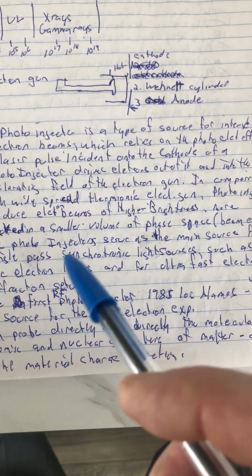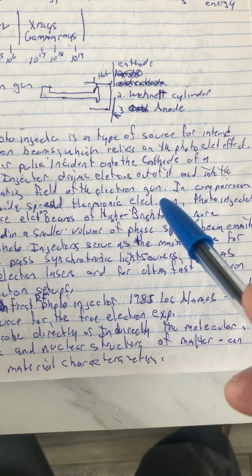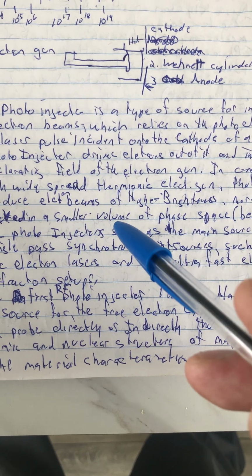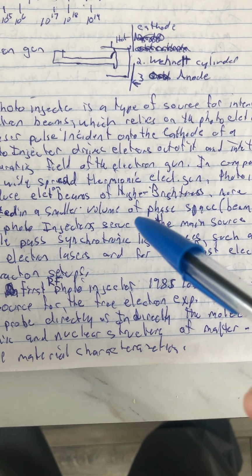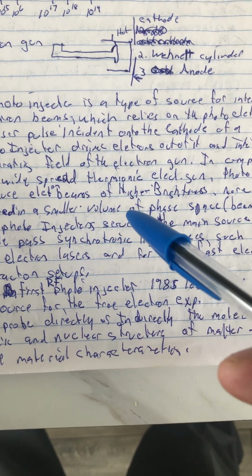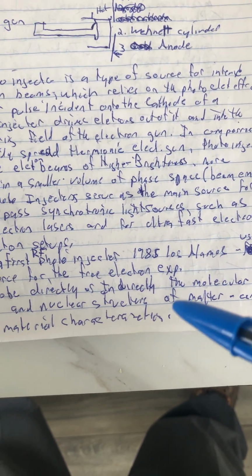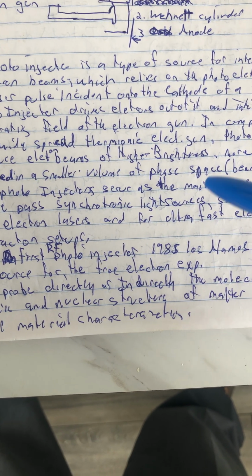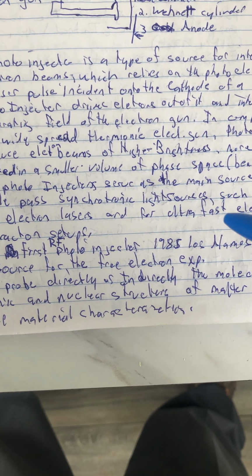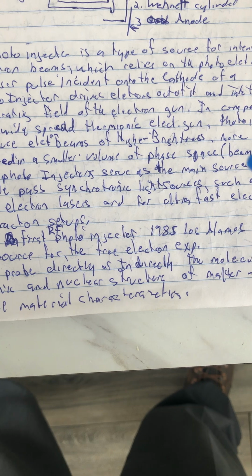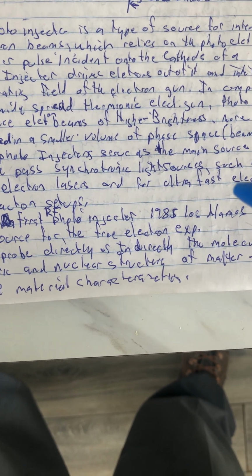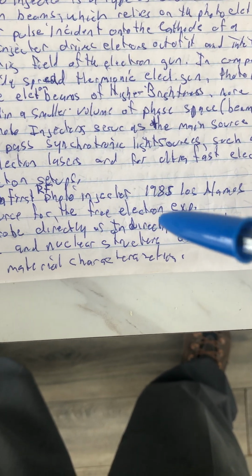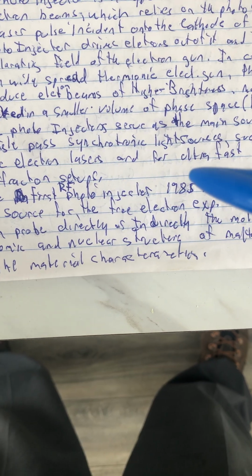In comparison to the widespread thermionic electron gun, the photoinjector produces electron beams of higher brightness, more packed in a smaller volume of phase space. This is called beam emittance. The photoinjectors serve as the main source for single-pass synchrotronic light sources such as free electron lasers and for ultra-fast electron diffraction setups. The first radio frequency photoinjector was used in 1985 at Los Alamos as a power source for the free electron laser experiment.